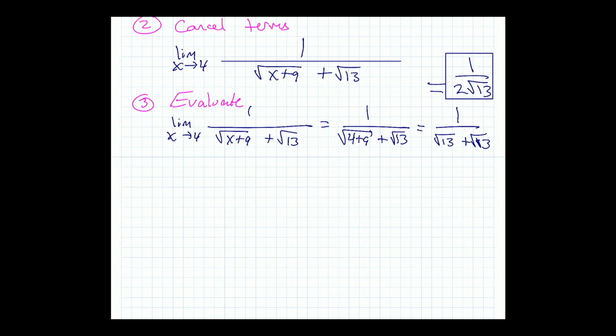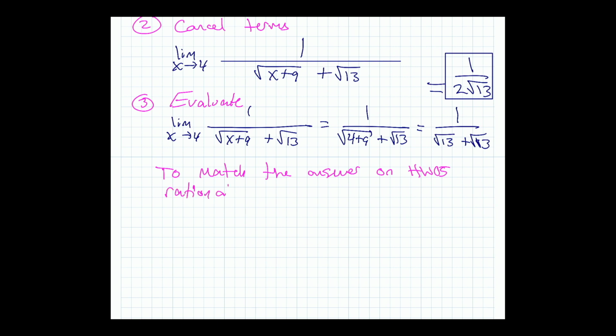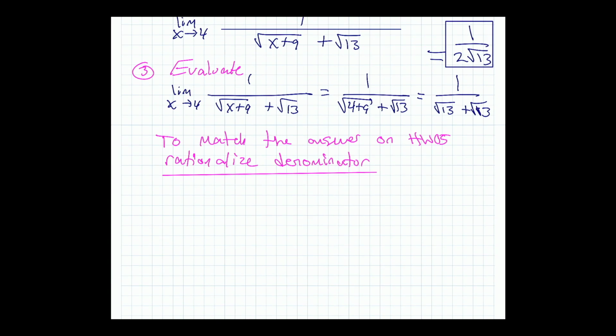So to match the answer in the online homework, on the homework 5, you need to rationalize the denominator. That's not part of the limit evaluation. We're really done with the limit, but they just don't want to see the answer the way that I have it. So I've got 1 over 2 square root 13.